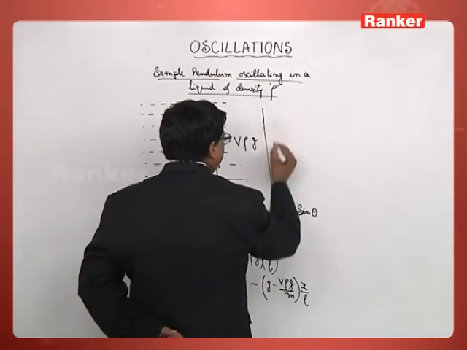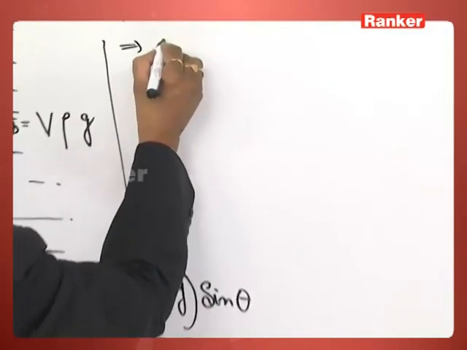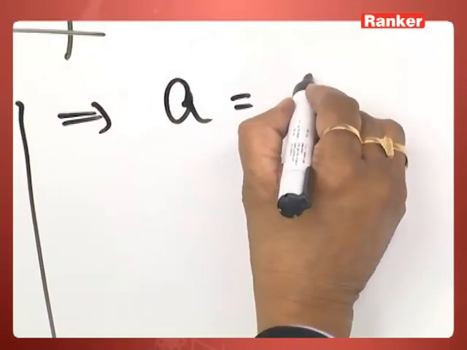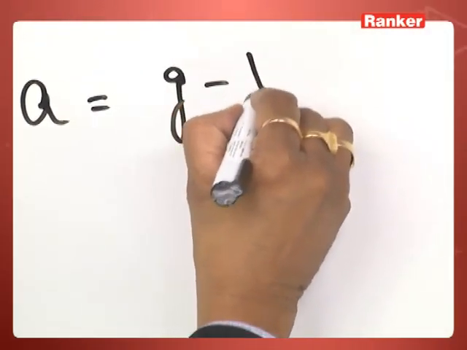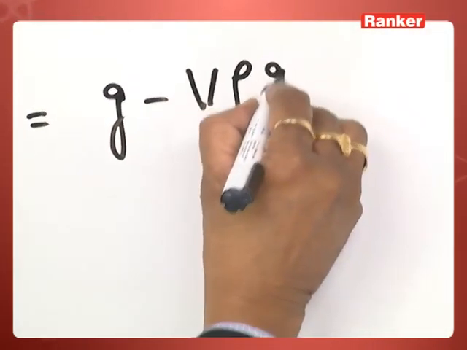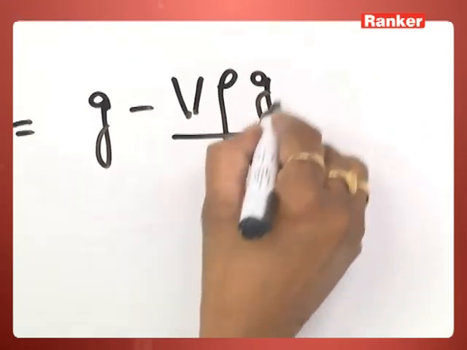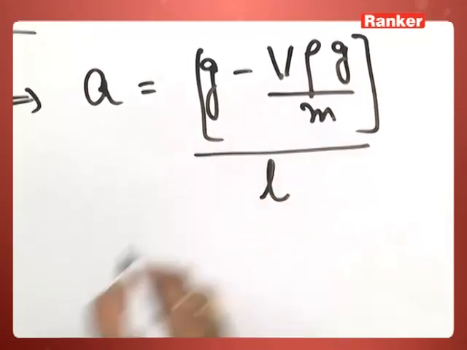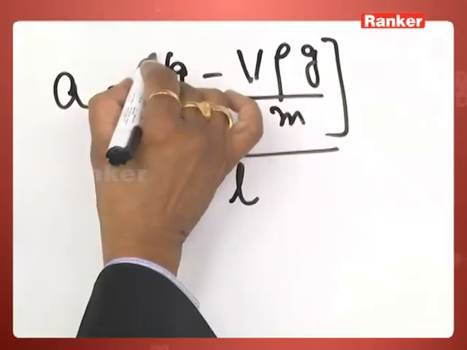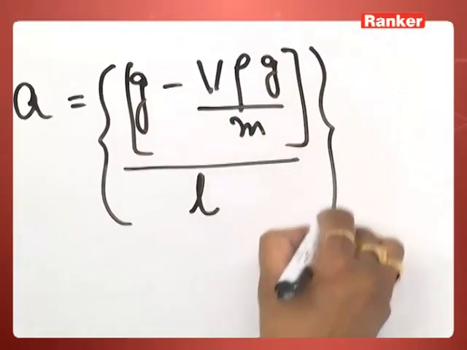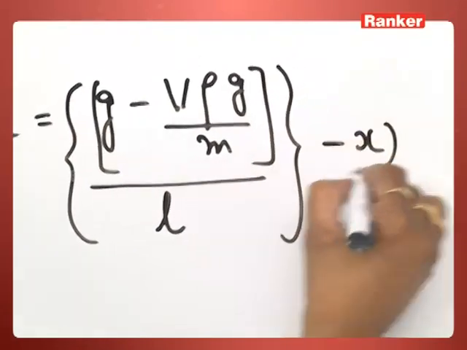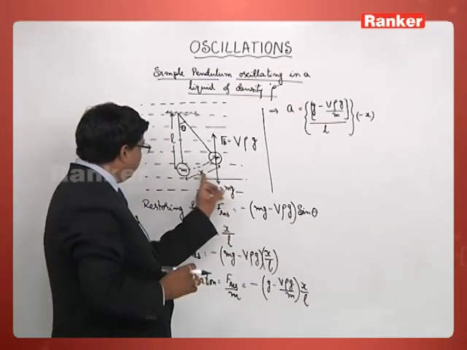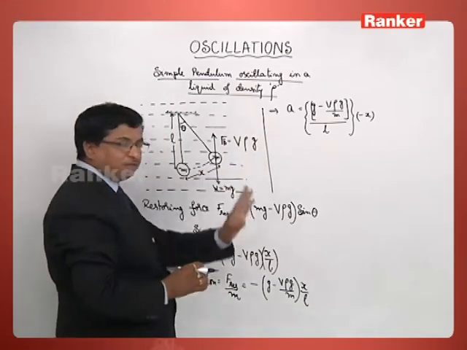Same equation I just rewrite in a different manner now. Acceleration a is equal to (g minus V rho g by m) whole divided by L, into minus x. So x is the displacement and a is acceleration.